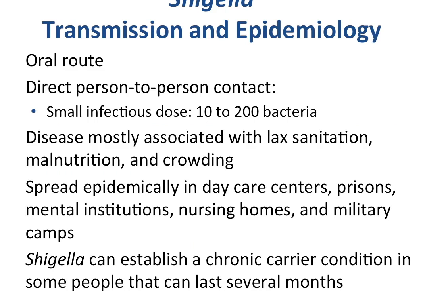So the transmission is through the fecal oral route. It can be caused by person-to-person contact. Okay, so it doesn't require a high ID50. Low dose is enough; 10 to 200 bacteria can cause disease.